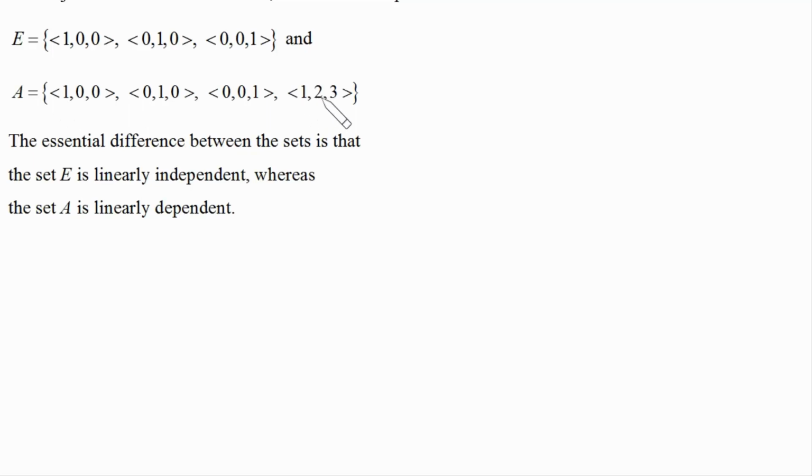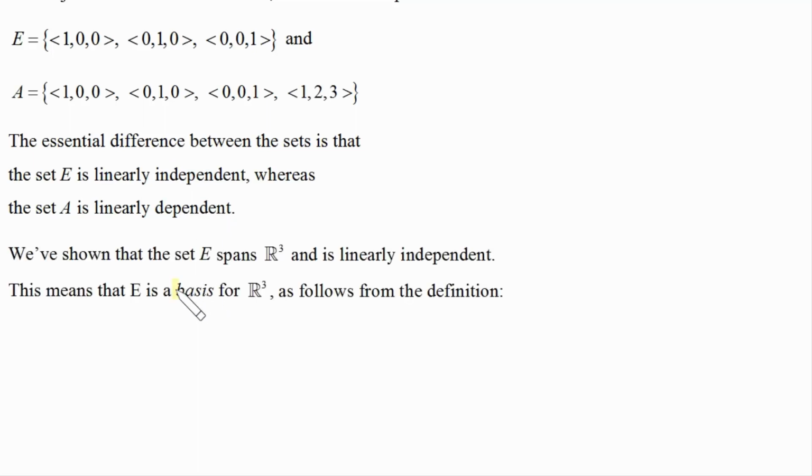For example, this one, 1, 2, 3, is certainly a combination of the first 3, because everything's a combination of the first 3. So this turns out to be an essential difference and leads us to a definition. We're finally coming to the term basis. E spans R3, and so does A, but E is linearly independent.